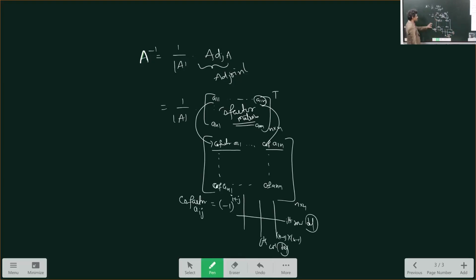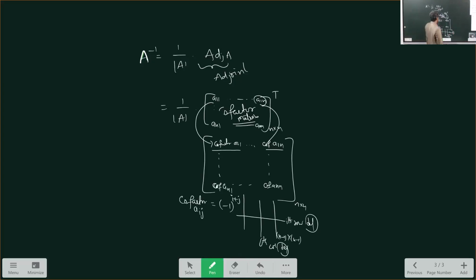That is called the cofactor. All the elements replaced with their respective cofactors give the cofactor matrix. Take its transpose and divide it with the determinant.